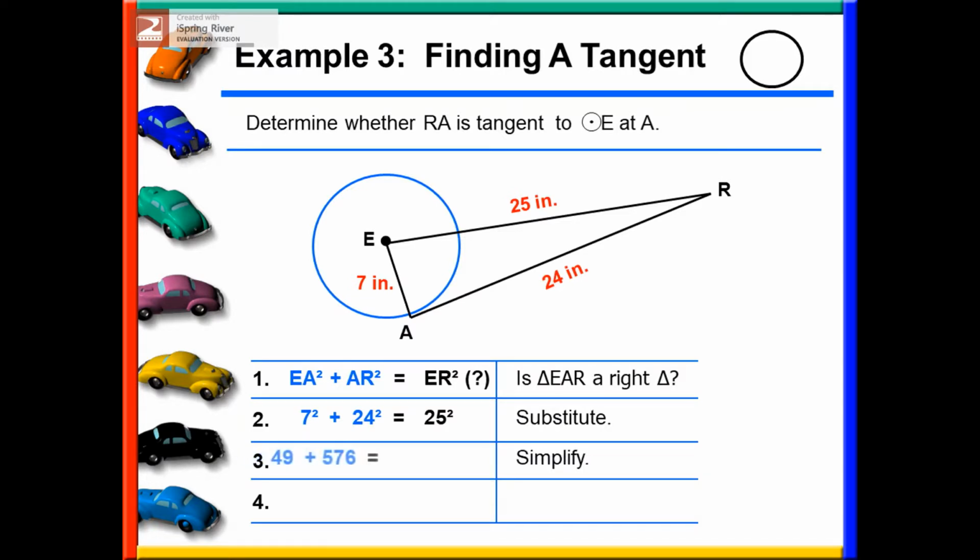Then simplify. 49 plus 576 is equal to 625. Are they equal? Yes, 625 is equal to 625. So it means line segment RA is tangent to circle E at A.